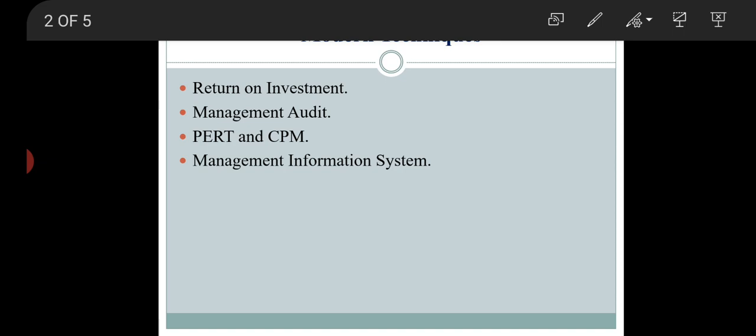Okay, then we are going to see the next part, that is PERT and CPM. PERT is a short form of Program Evaluation and Review Technique. This is another advanced tool used for controlling the cost, idle resources, and time of the given project task. What is done under PERT?